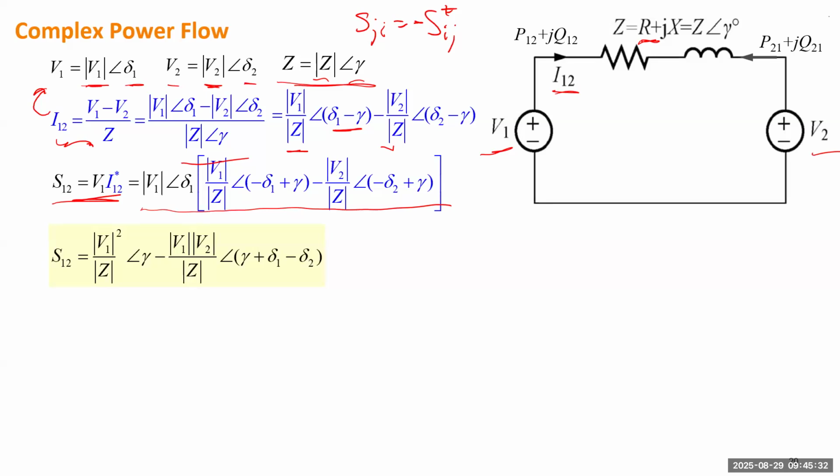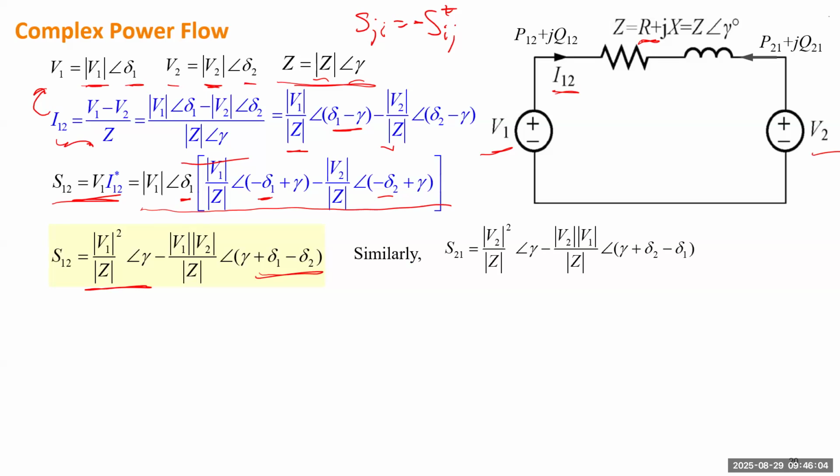Okay, next we do some simplification. Because outside of the bracket we have a delta 1 and inside we have a negative delta 1, we can cancel the delta 1 for the first item. The first item will not have delta 1. And in the second item, the delta 1 and the negative delta 2 will combine. So the second item will have gamma, delta 1, delta 2.